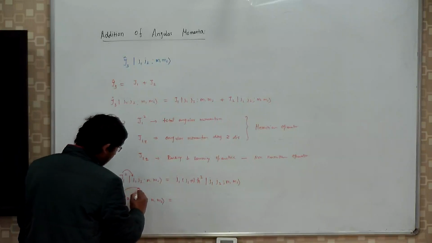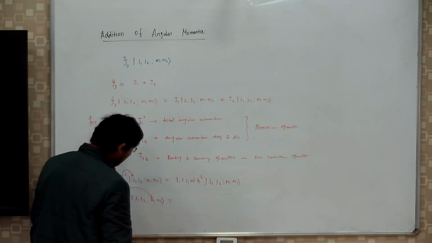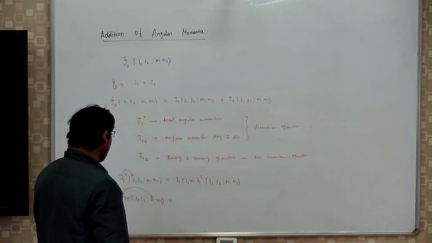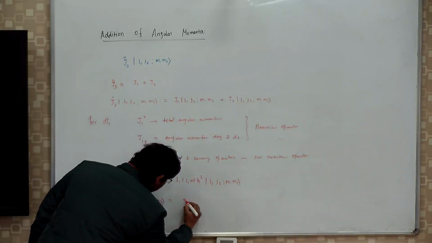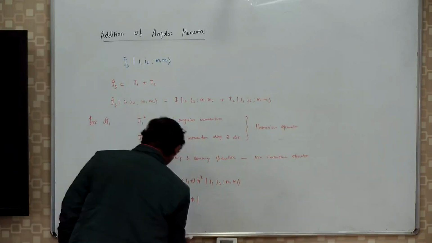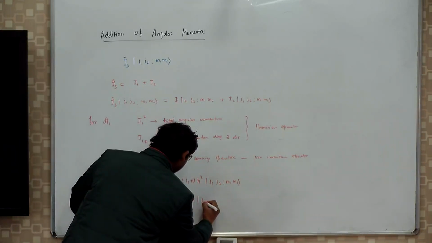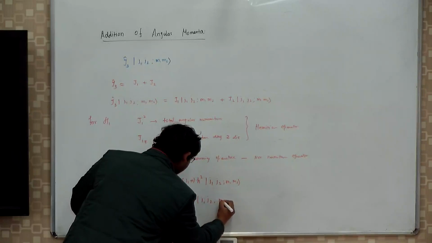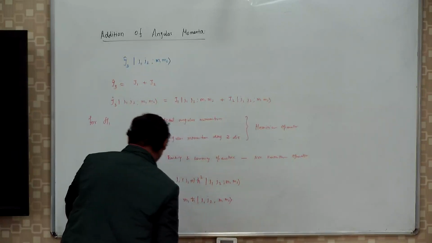It acts on the magnetic quantum number m1 to give the eigenvalue m1 h cross, times |J1, J2, M1, M2>.